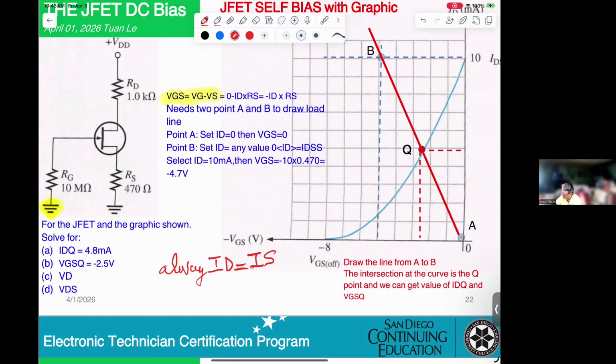So if you want to calculate the VGS, equal VG minus VS. However, VG equals 0 here.